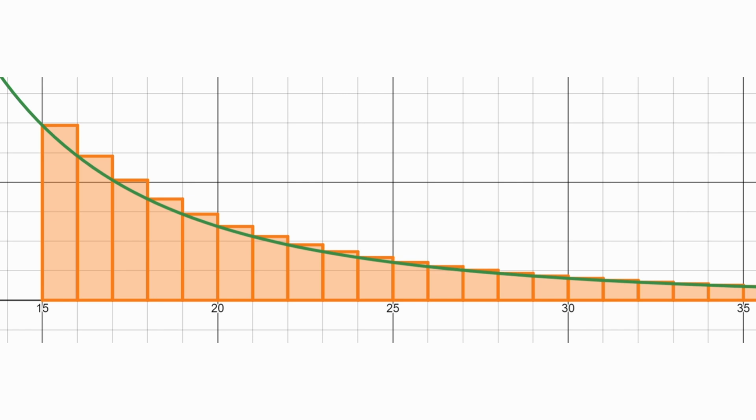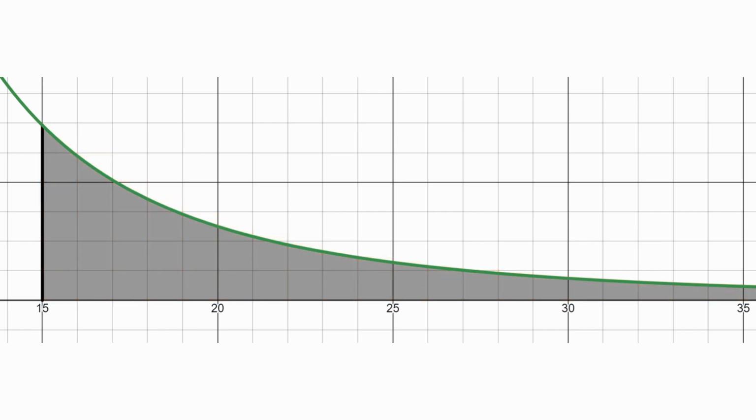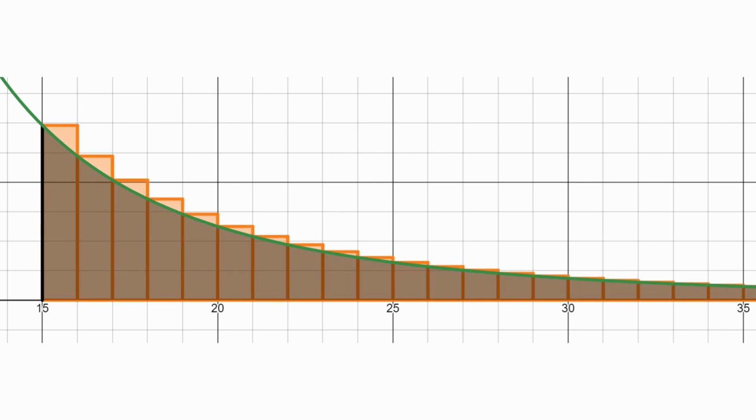If I were to consider the area under the curve, here the black area, this is the integral from 15 to infinity. Notice that if I overlay both the black and the orange at the same time, the black area is clearly less than the orange area. This tells us that the integral from 15 to infinity is less than the discrete sum with the same bounds.